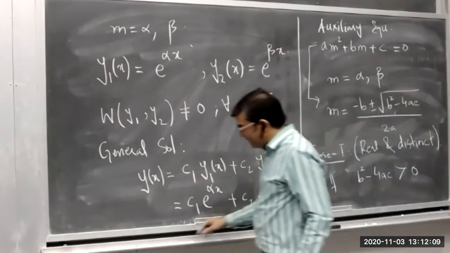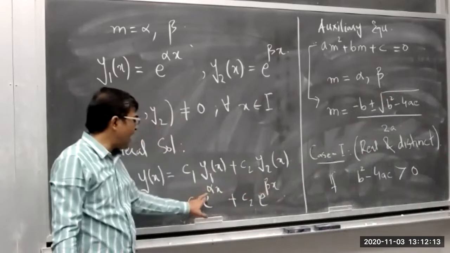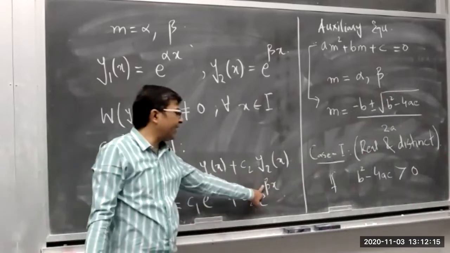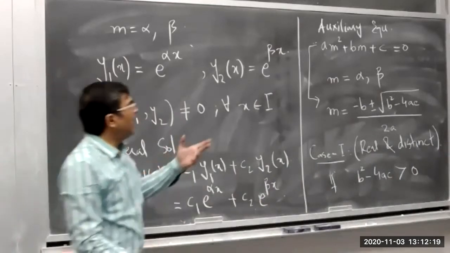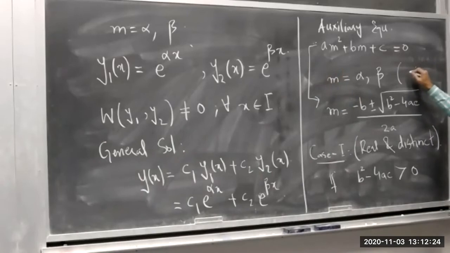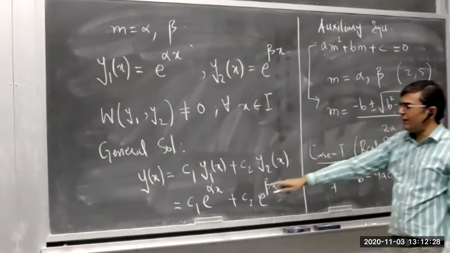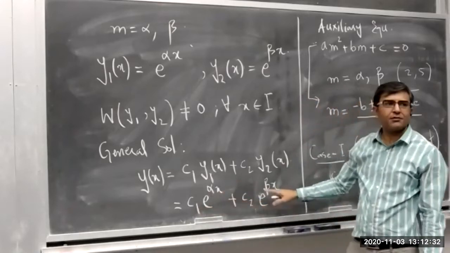If you have distinct and real roots, in that case this will be your general solution. Here the value of alpha will come, here the value of beta will come, two different values. For example, if you have an equation and the roots are 2 and 5, then the solution will be c1 e raised to the power 2x plus c2 e raised to the power 5x.